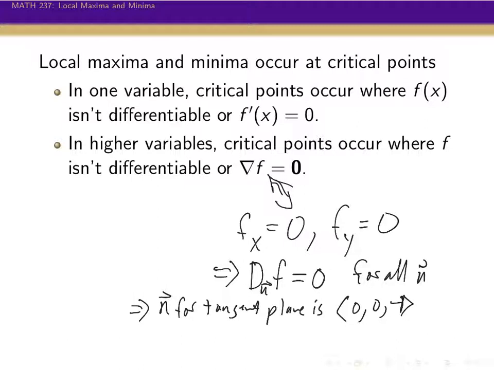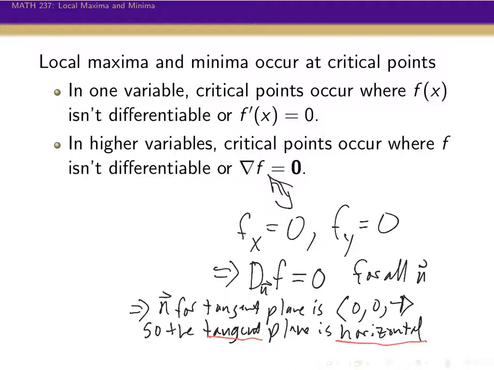And so if it's pointing straight down, the plane is perpendicular to it. So the tangent plane is horizontal. And so this idea of having the tangent be horizontal is exactly the same as what we saw in one dimension. It's just that now, instead of having a tangent line, we have a tangent plane.